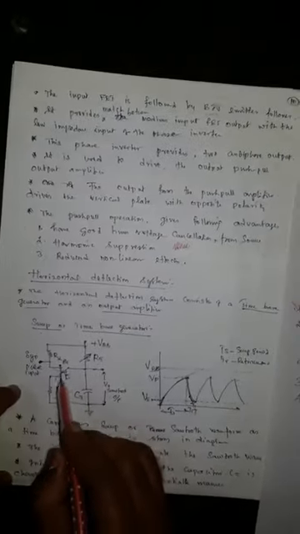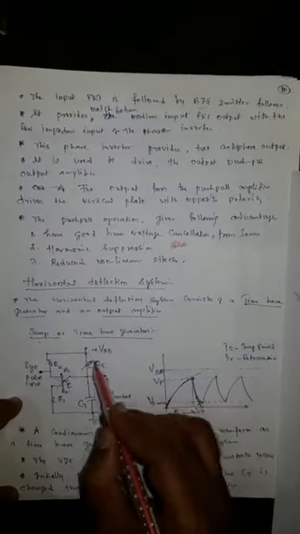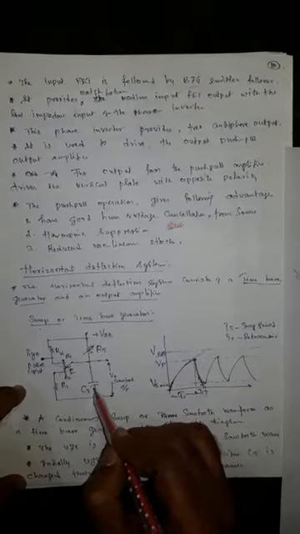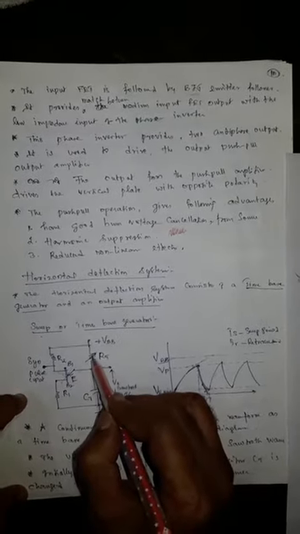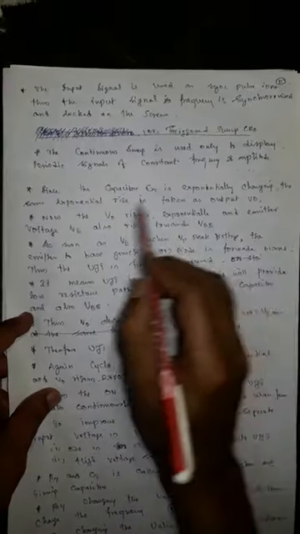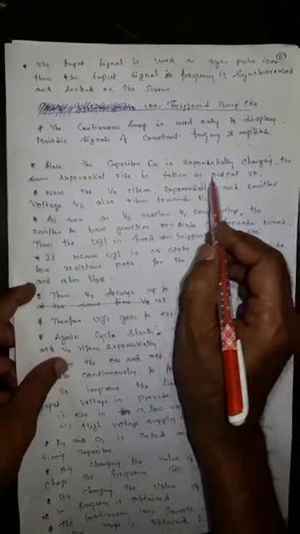Once again I am repeating, initially the UJT is in the off state. Due to VBB, the given voltage, the capacitor CT gets charged through RT, the timing resistor. Since the capacitor CT is exponentially charging, the same potential rise is taken as the output V0.